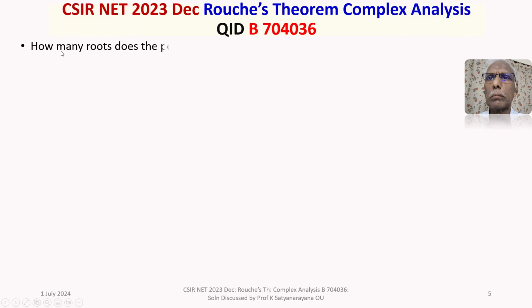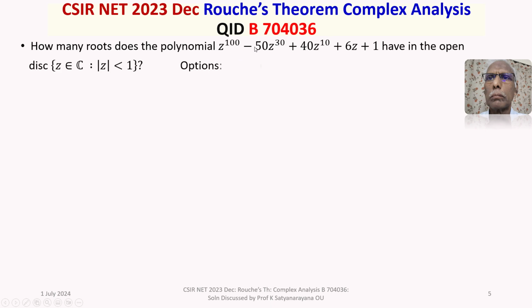The given question is, how many roots does the polynomial z to the power of 100 minus 50 z to the power of 30 plus 40 z to the power of 10 plus 6z plus 1 have in the open disk, that is the set consisting of all those z belongs to C such that mod z less than 1.